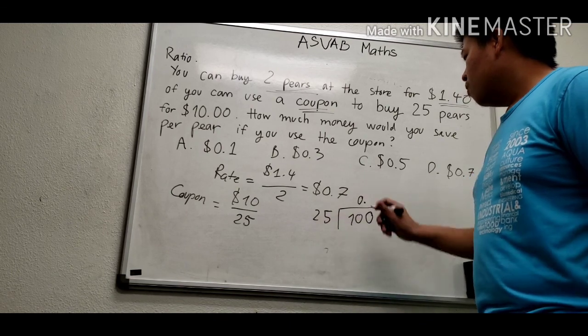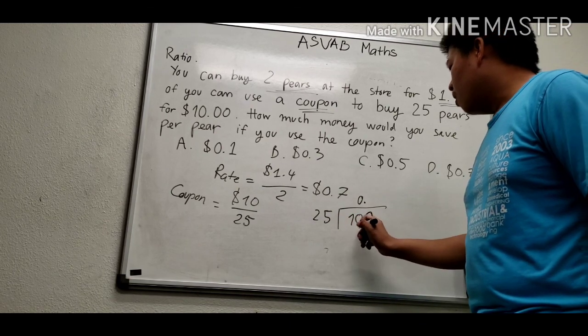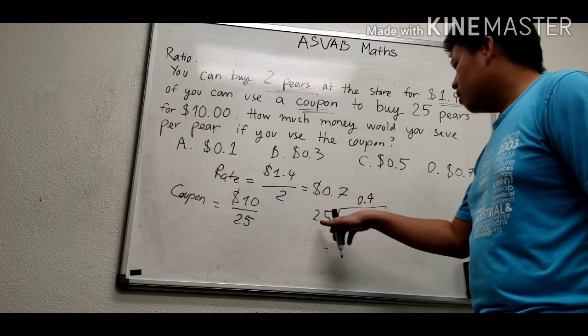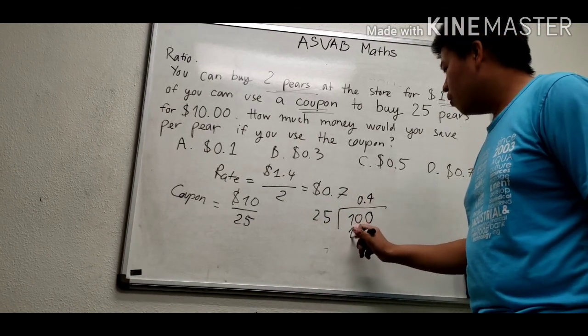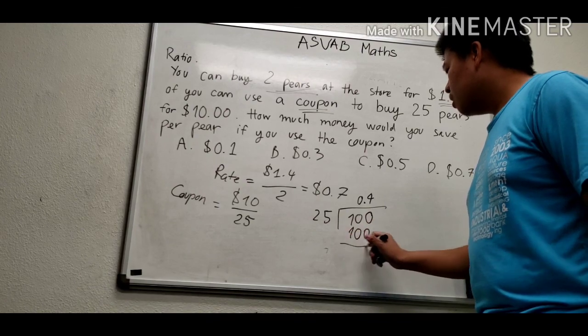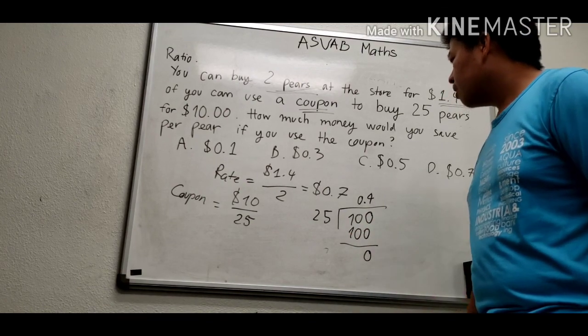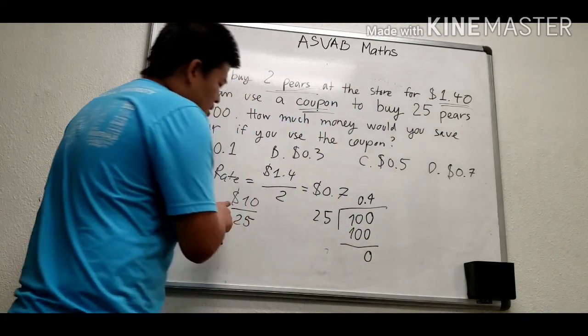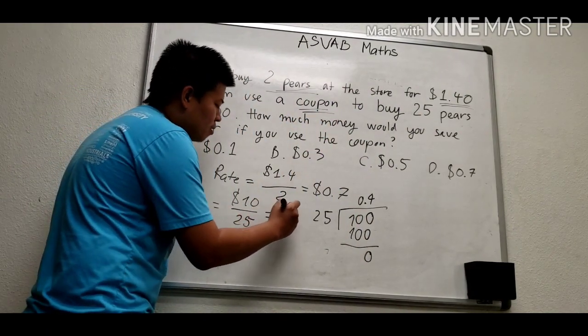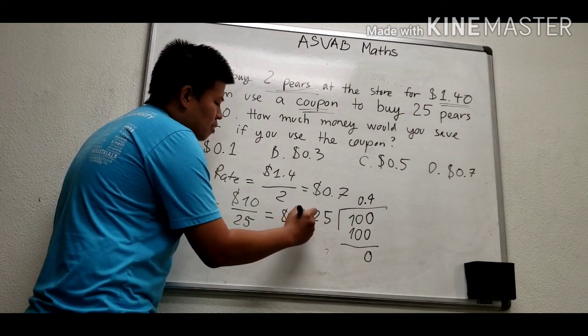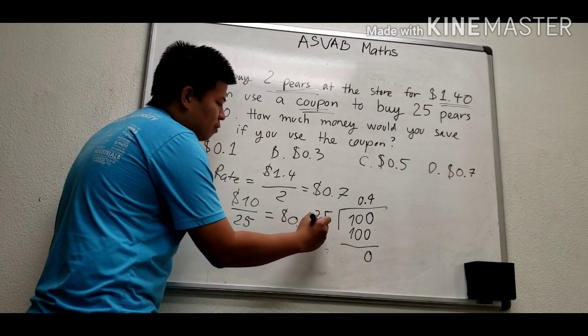25 in here, we got about 4, because 25 multiplied with 4, you can get about 100. And we got about 0. So that's $10 divided by 25. You got about 0.4.